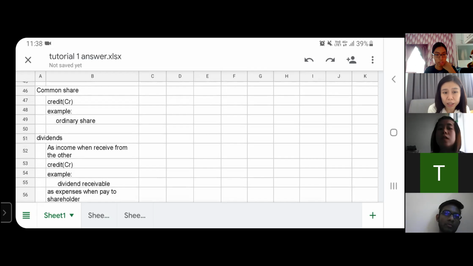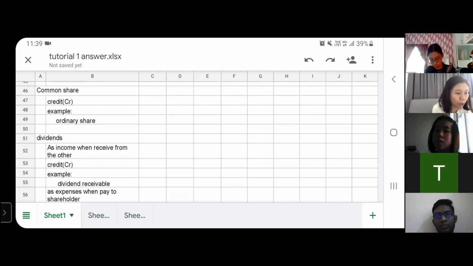Another difference is that preference shareholders enjoy privilege before ordinary shareholders. Normally a company declares a fixed dividend percentage to preference shareholders, while for ordinary shareholders it depends on the profit. Whether the company declares dividend for ordinary share is not compulsory.